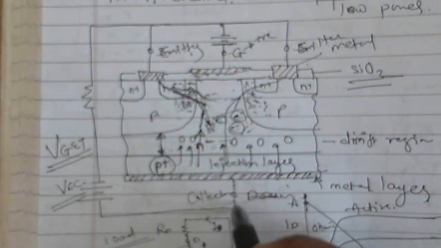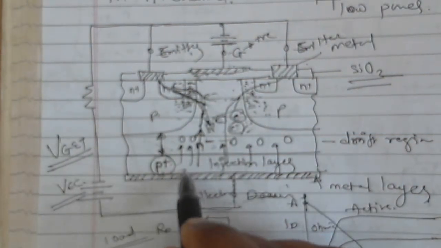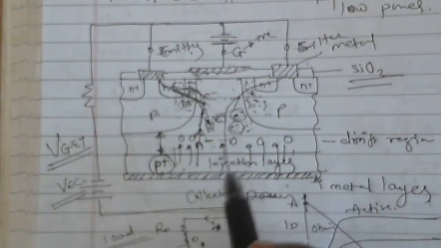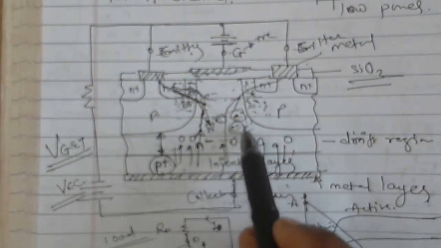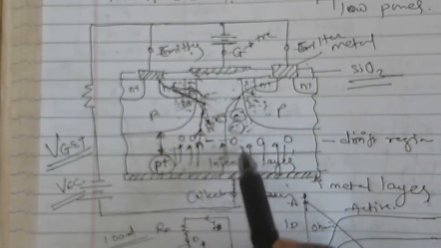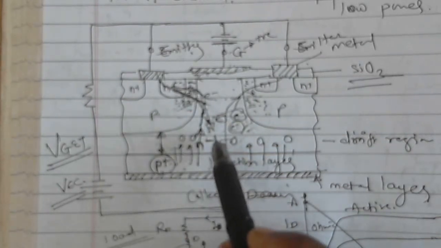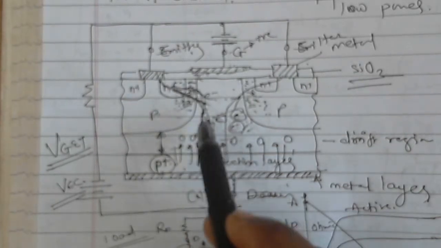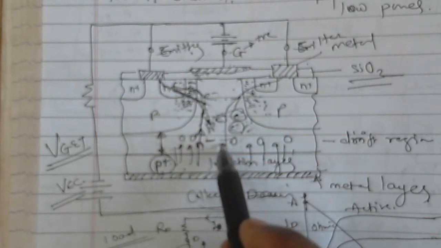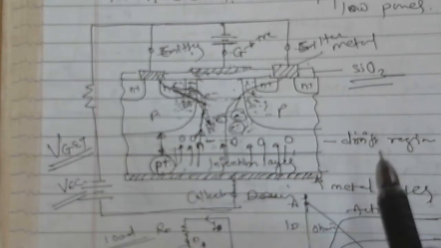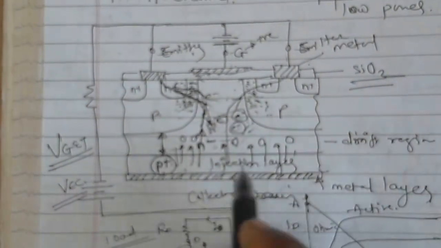At the same time, due to this polarity, this injection layer injects a high amount of holes into it. Okay, so what happens, this n minus layer is flooded with the electrons from the p body region and holes from the p plus collector region. So with these injection layers, the carrier density in the n minus drift region increases considerably.